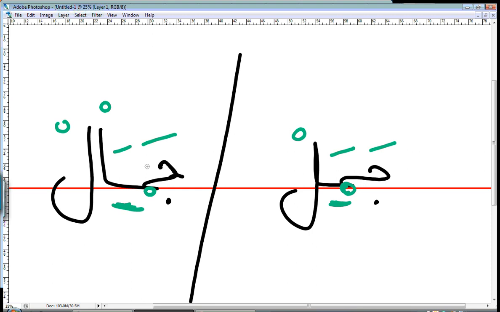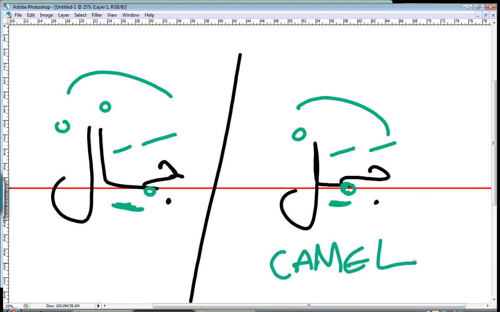This word is jamal, which means a camel. This one means beauty. There's a big difference in the meaning.